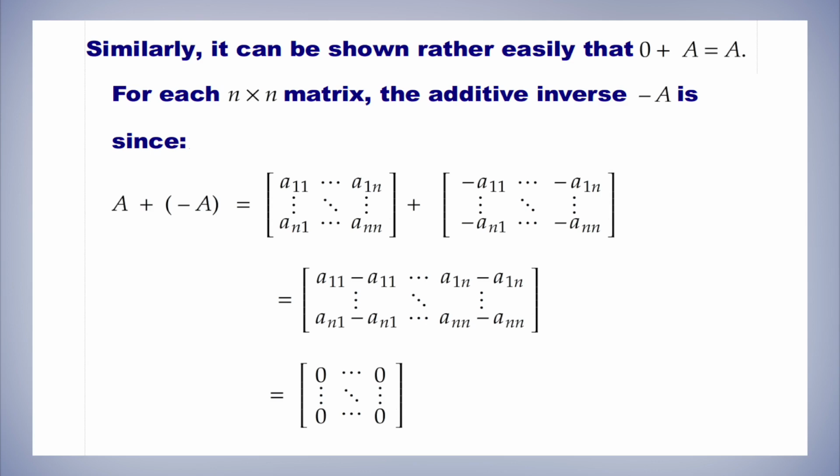So the result will be A11 minus A11, A12 minus A12 and so on A1n minus A1n, like this AN1 minus AN1, AN2 minus AN2 and so on ANN minus ANN. So what's the result? You are right, it is 0, 0, 0. Once again, it can also be shown that minus A plus A is equal to 0.